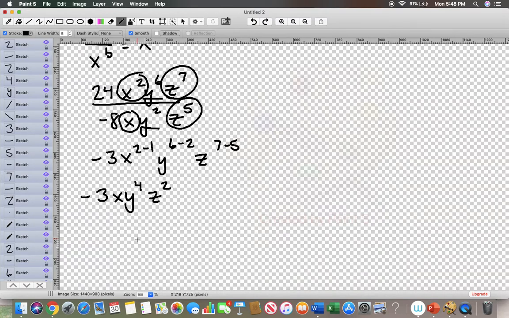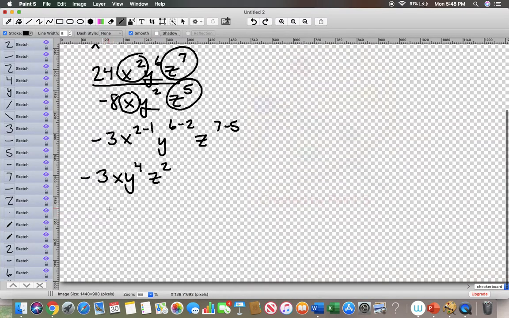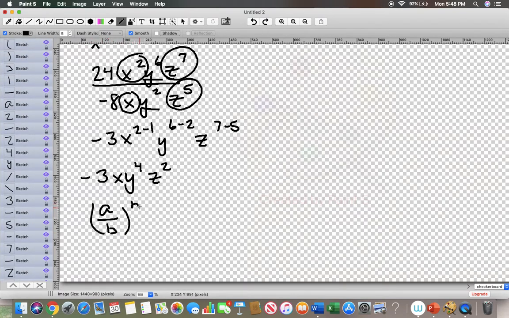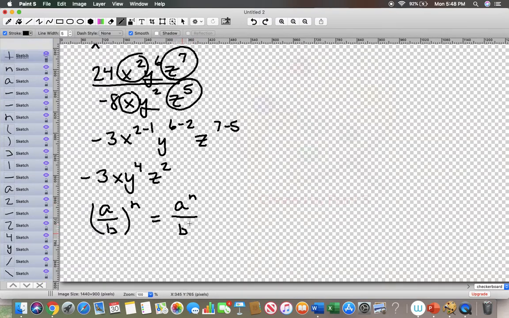And that is it for the most part. Let me go over one more topic real quick. If I have a fraction to some power, that power is going to go to both the numerator and the denominator. Just like we said in the previous lesson, if I have a power, it's going to go to everything inside of the parentheses.